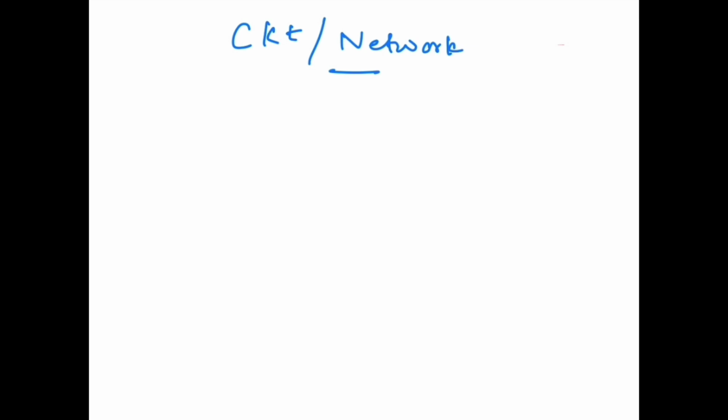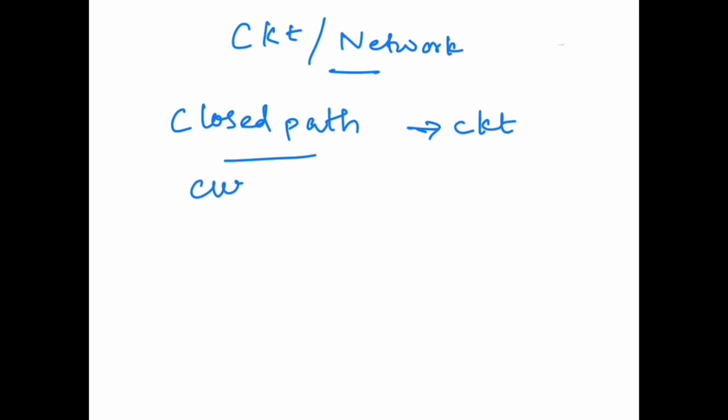But a circuit is always a closed path for current flow. There will be a closed path, and there will be current flow in this closed path. But a network is an interconnection of elements which may or may not have a current flow.